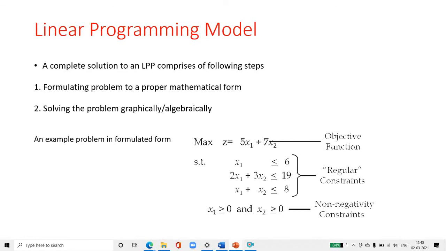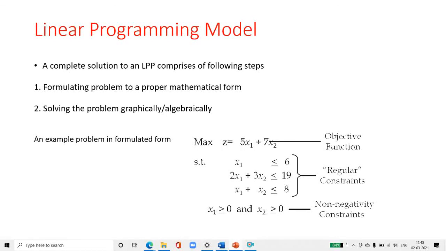Then the next part: a complete solution to an LPP comprises the following steps. There are two main steps for solving linear models. First, formulating the problem in a proper mathematical form, and second, solving the problem graphically or algebraically.